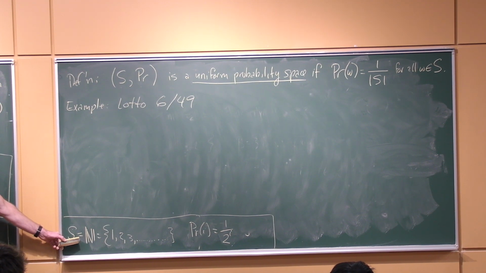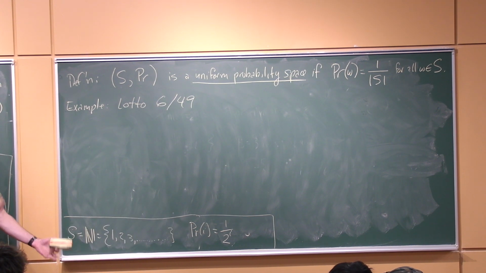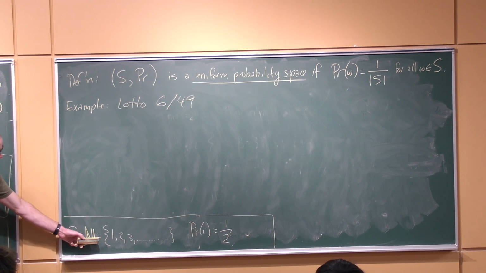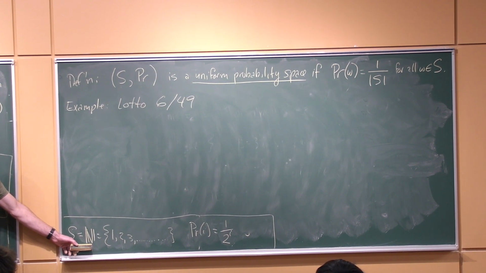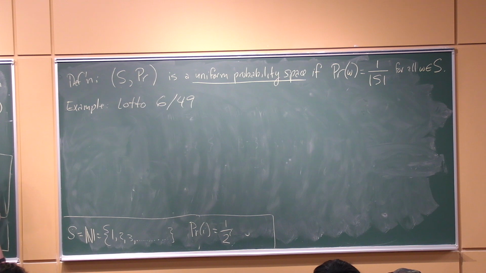So the probability of 1 is 1/2. Probability of 2 is 1/4. Probability of 3 is 1/8. What does that mean? When we talk about a probability space, that means there's a set S of possible outcomes, and each one of them is assigned a probability.